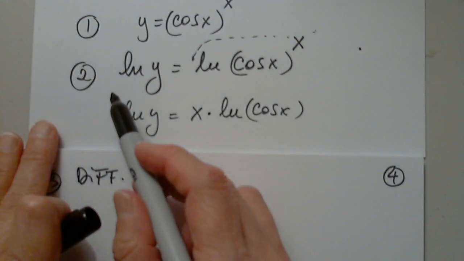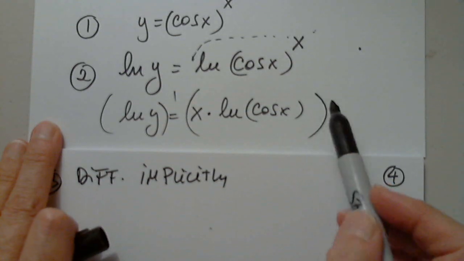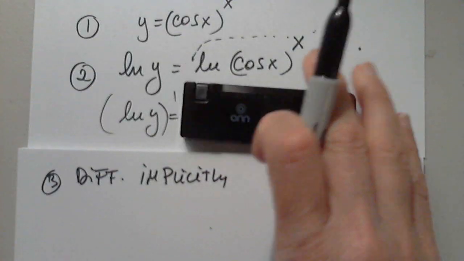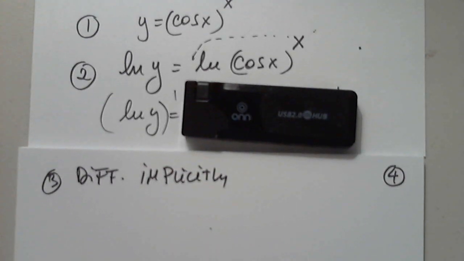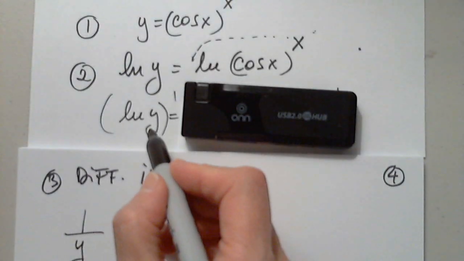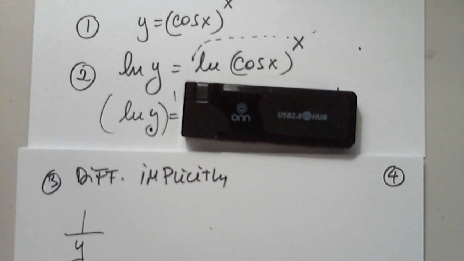So we're differentiating the left-hand side, and we're differentiating the right-hand side. Can anyone differentiate the left-hand side for us? Just the left-hand side. It's 1 over y. Okay, y is a function of x. dy over dx, times the inner function prime.